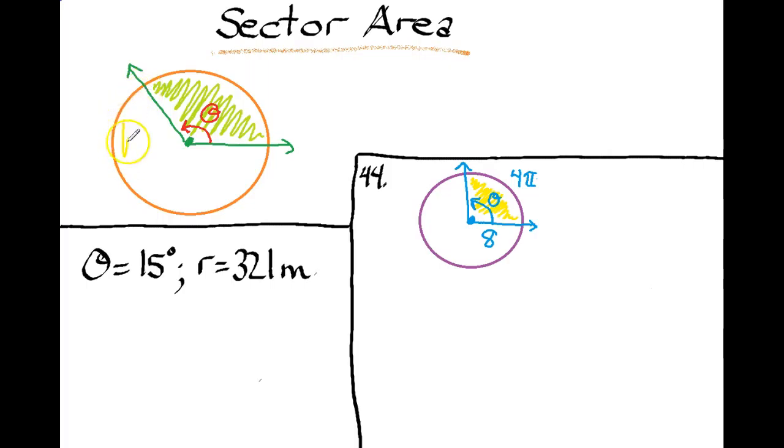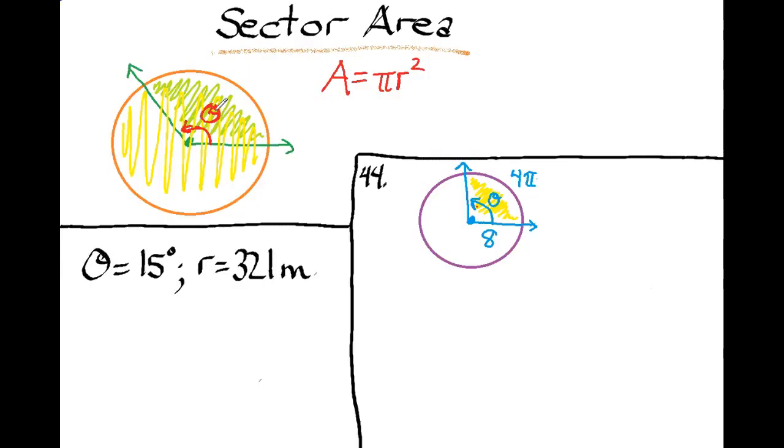So to calculate the entire area of a circle, we would be calculating this. And we know that the area of a circle, area equals pi r squared. But how do you calculate the percentage of the circle you actually need? Well, that's quite easy. We know that 360 degrees in radians is really 2 pi.